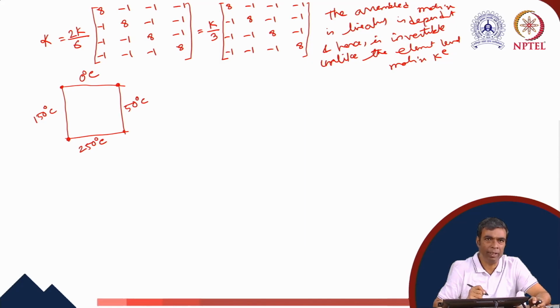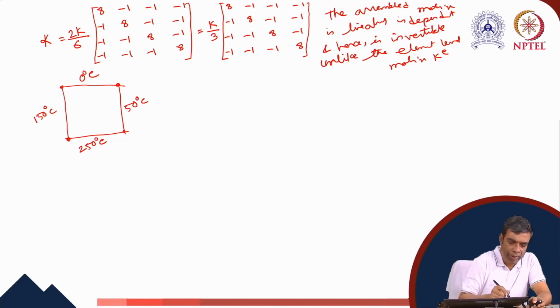We can take the average value of adjacent temperatures and put that average data for the boundary condition data at these singular points. So at the lower left corner, the temperature will be 150 degrees centigrade plus 250 degrees centigrade divided by 2. This temperature we can take as 200 degrees centigrade.